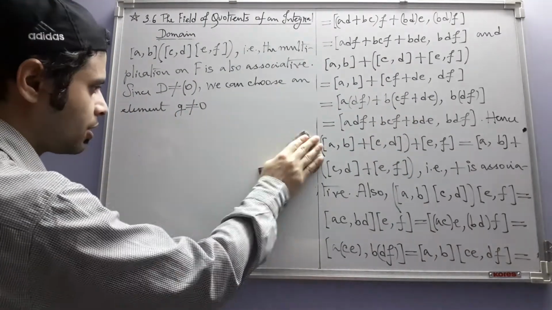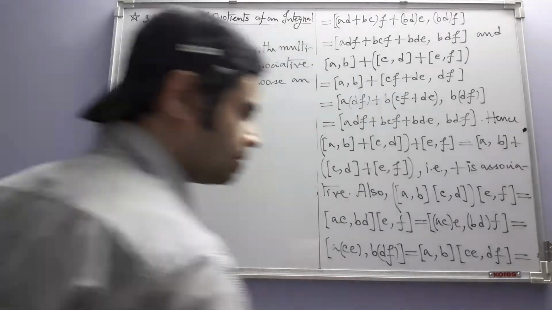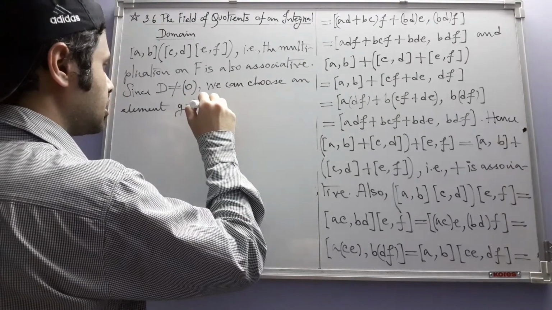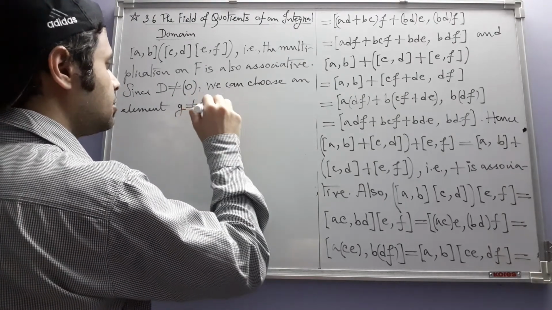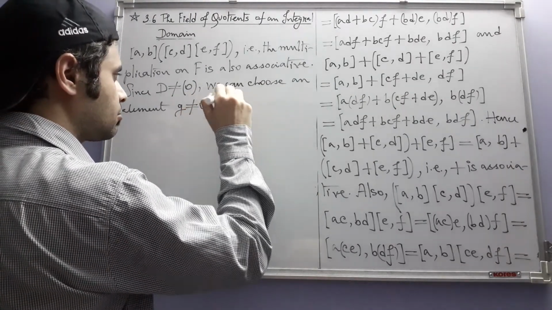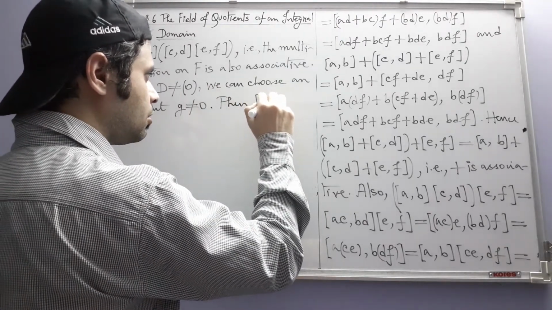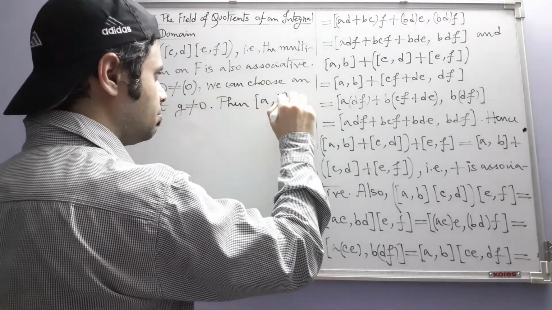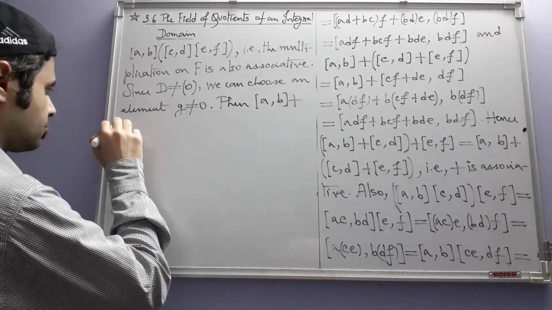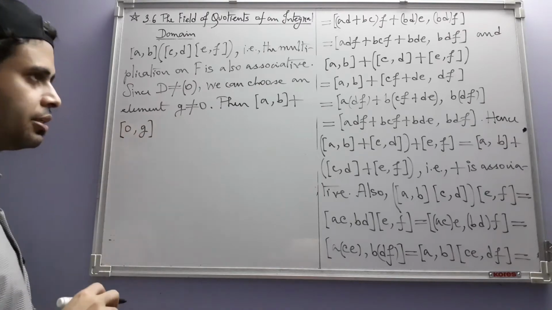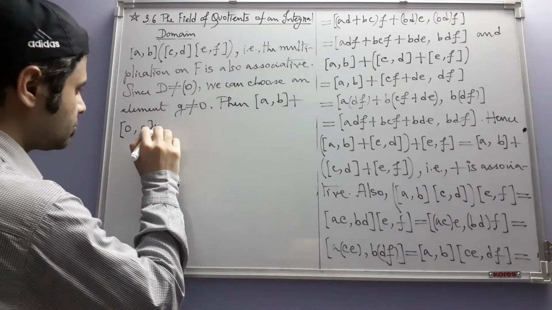Anyway, so for any non-zero element, we can choose a non-zero element g, then (a, b) plus (0, g). This 0 is the zero element in the integral domain.